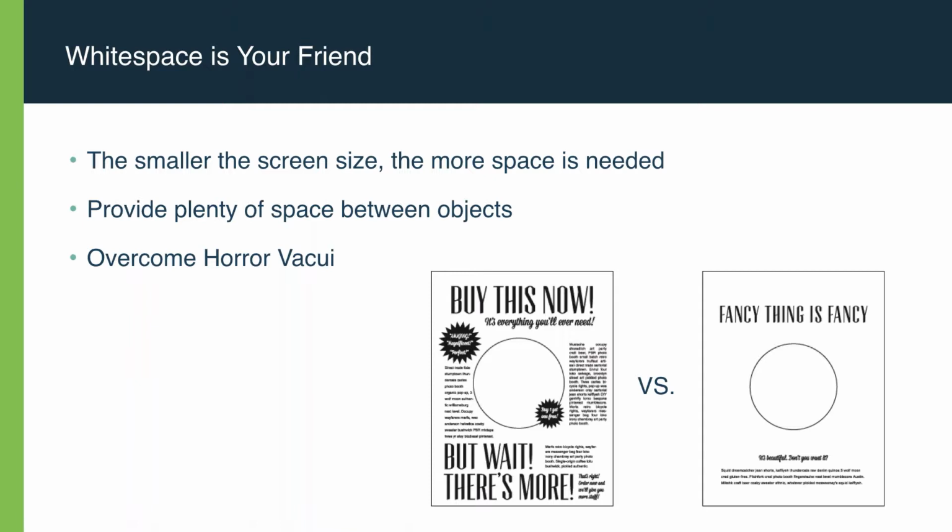You don't want to accidentally click on things as you're scrolling through, right? So white space is good for visual enhancement, but also it's good for usability. All right, so we just need to overcome horror vacui, that is the fear of emptiness or the fear of white space.